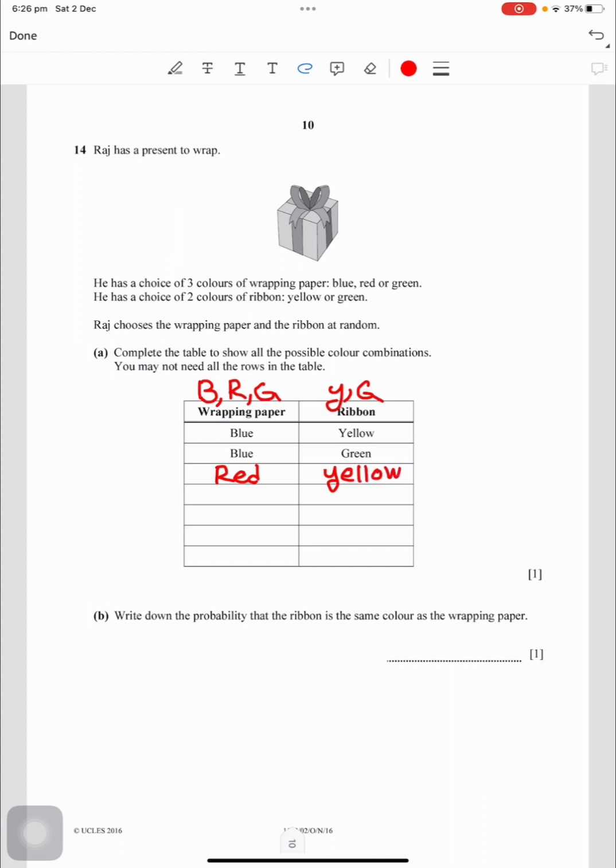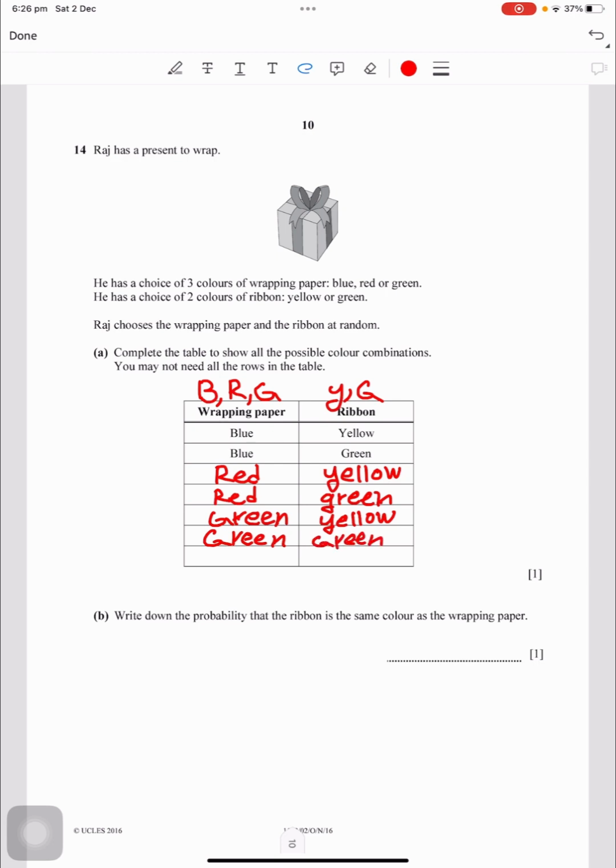And we can do green, green. Let's write it here.